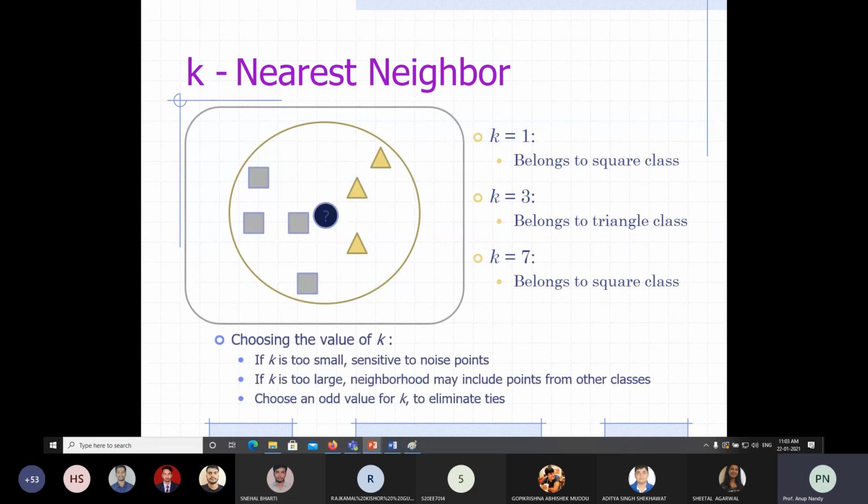If k is too small, it is sensitive to noise points, and if k is too large, then the neighborhood may include many points from other classes. Choose an odd value of k to eliminate ties, as I already explained. You have to choose the value of k in such a way that it is neither too small nor too large.